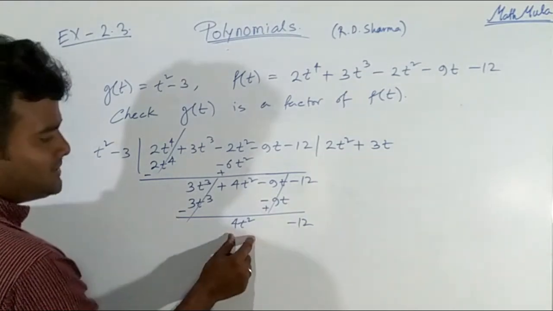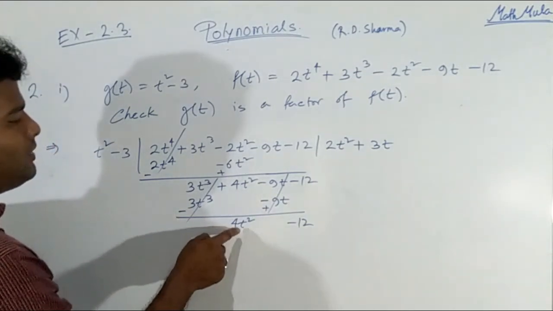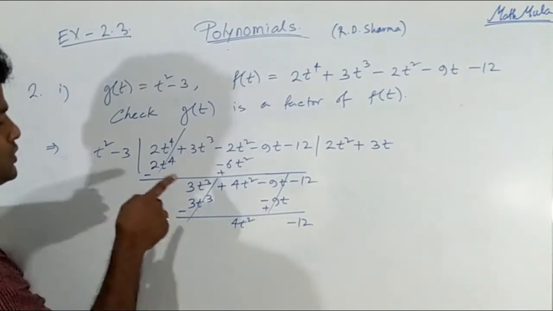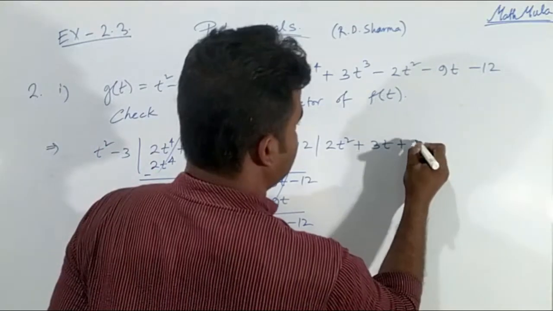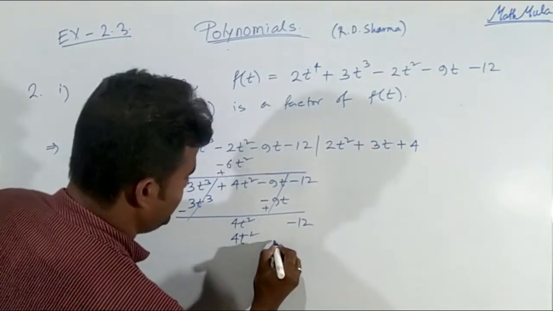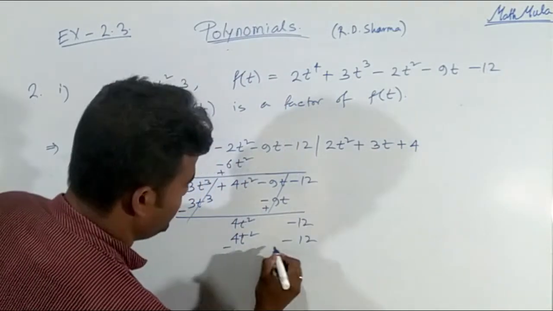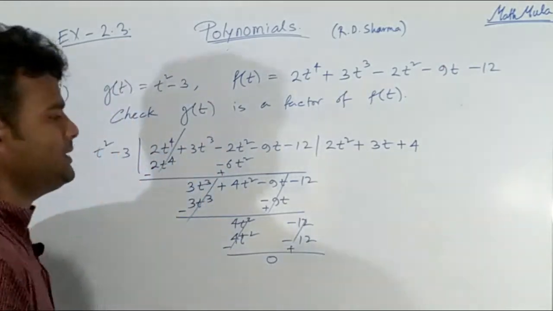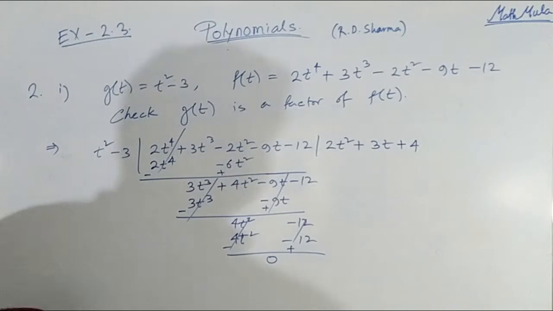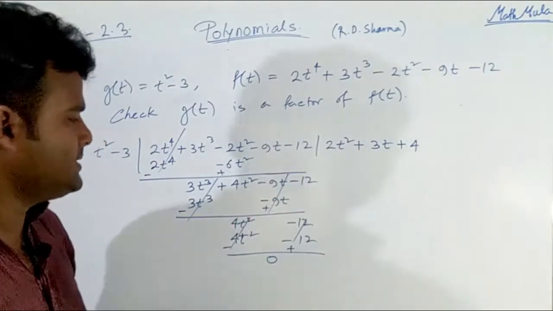Okay. The first term is 4t square. Now what should we multiply with t square? Then we get 4t square, that is plus 4. Plus 4 times t square minus 3 is 4t square minus 12. Then minus will be plus. Both are cancelled. Then the remainder is 0. Okay. Now look, the quotient is this and the remainder is 0.